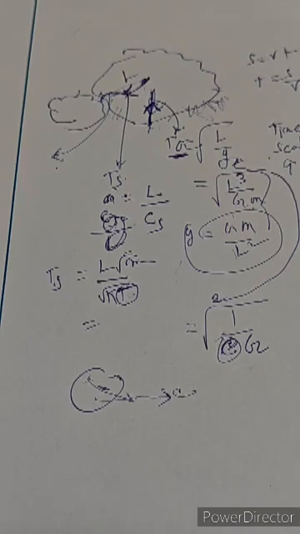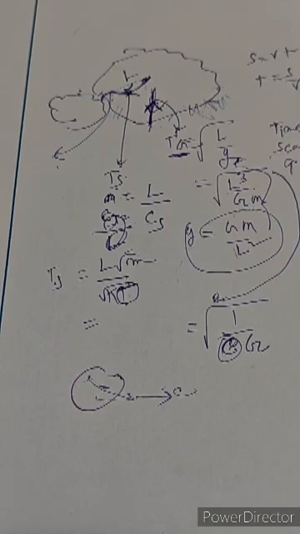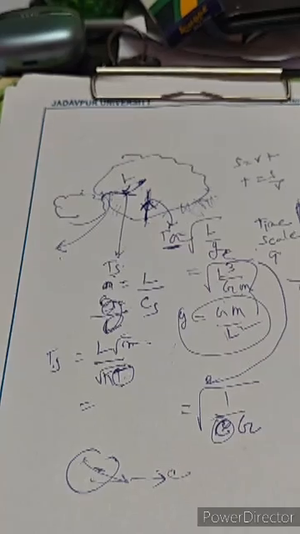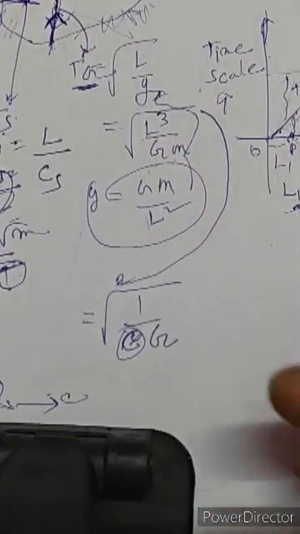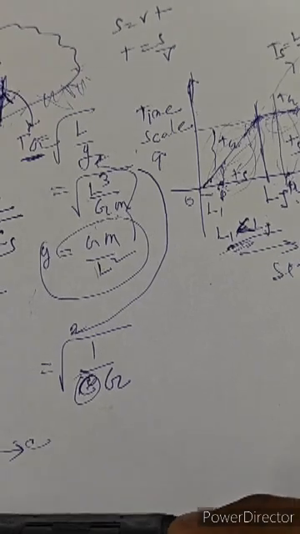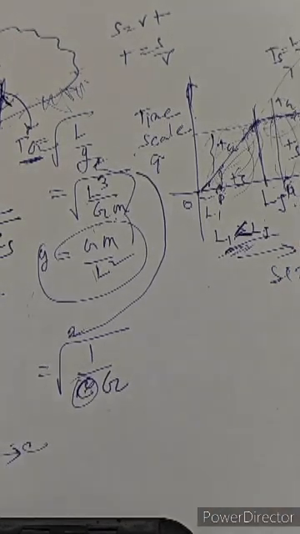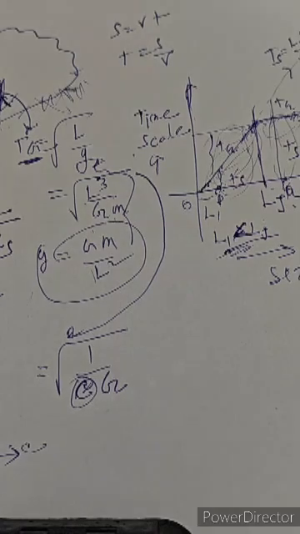Then we see the spinning. The spinning of the molecule mainly depends on conservation of angular momentum.